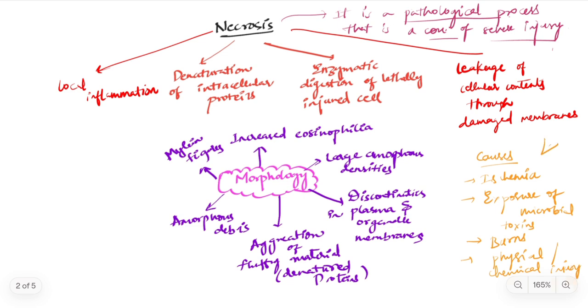So what are the four main causes of necrosis? Ischemia, exposure to microbial toxins, burns, physical and chemical injuries.